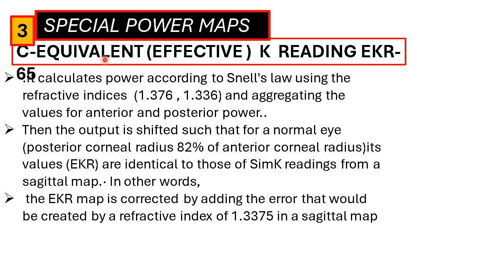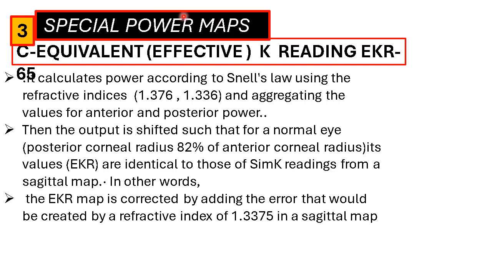The effective K reading is the one which should be used in patients who underwent keratorefractive procedures, so that the standard K reading using the Sim-K or the sagittal K or axial K is not valid anymore to measure the intraocular lens power, because of the changes in the curvature and the refractive index of the cornea.